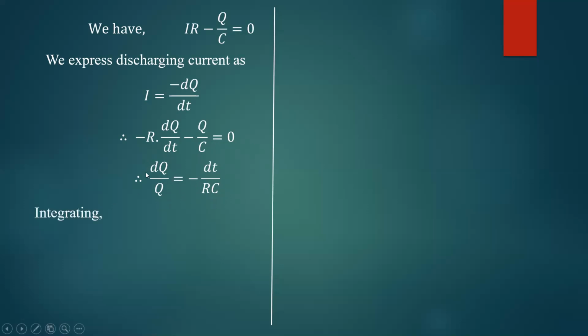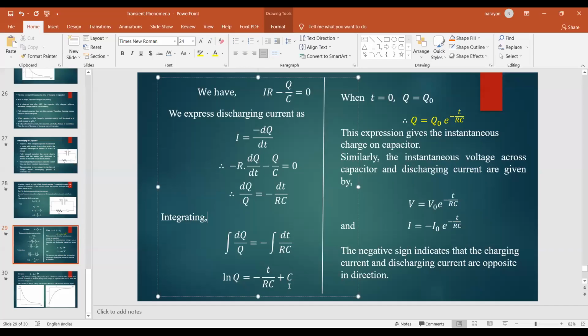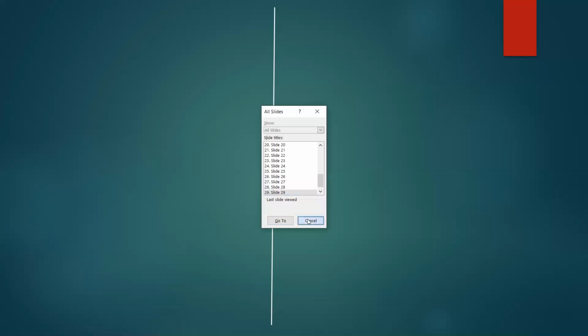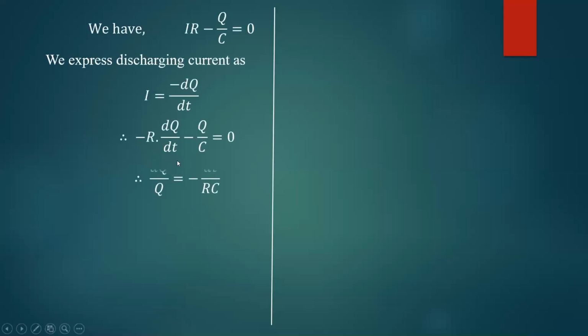Integrate this equation with respect to q, and here with respect to time t. So this dq by q, integrate, you will get ∫dq/q equal to minus integration of dt by RC.